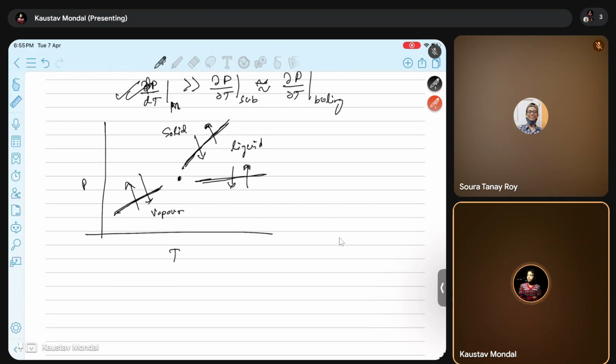Now, if you connect these points, all the lines connected, it looks like this. So this middle point is known as the critical point. Okay, but all of these three phases coexist with each other.